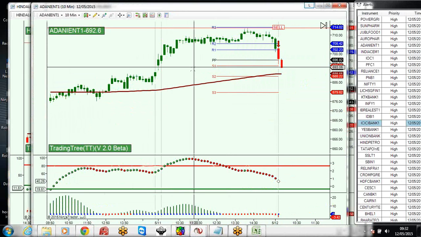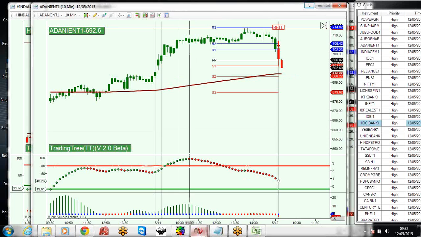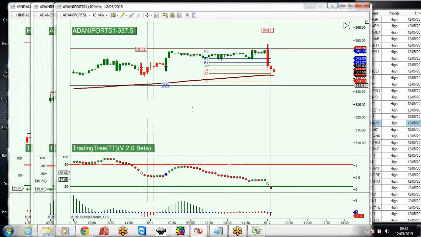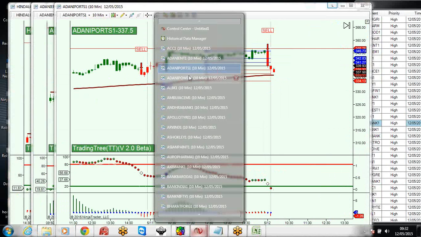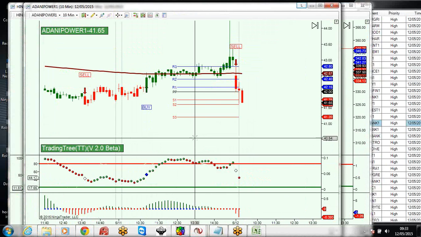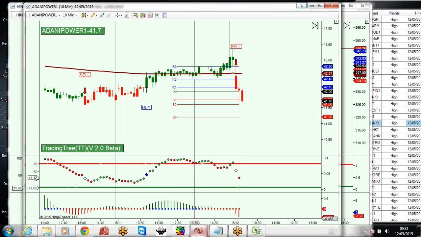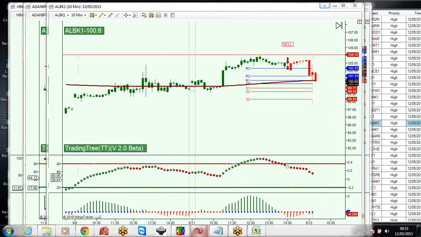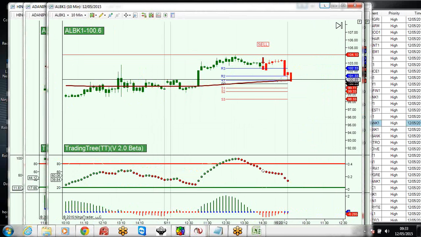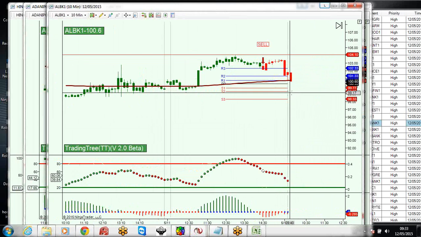So you can see Adani Enterprises here. That's Adani Ports, Adani Power. ALBK, once it breaks this down line, I think your target should be somewhere here, 99. It should fall below 100 rupees.